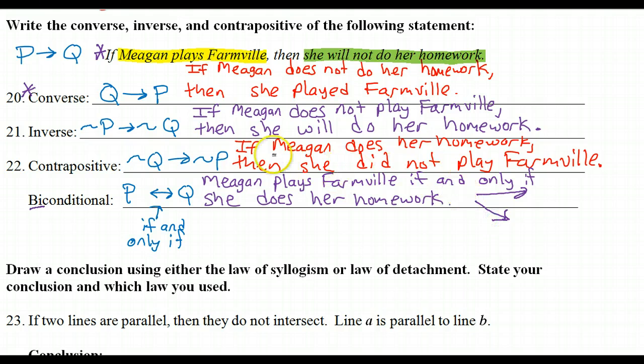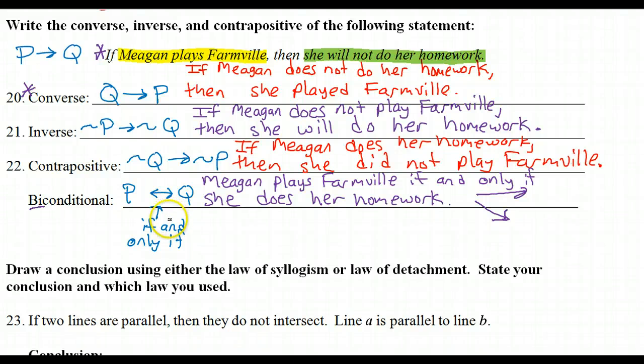The first one would be if Megan plays Farmville, then she will not do her homework. The second one would be if Megan does not do her homework, then she played Farmville. Put them together and you get Megan plays Farmville if and only if she does her homework.